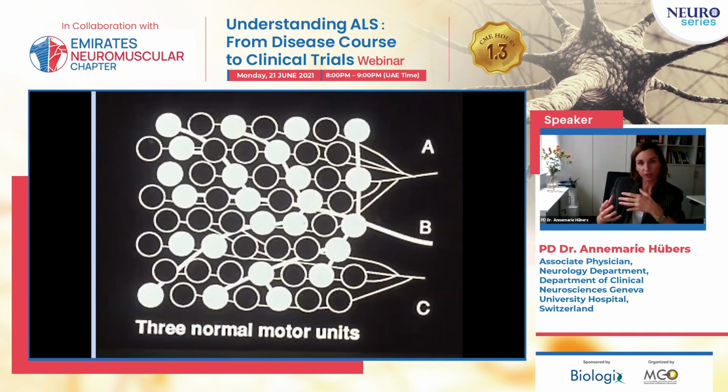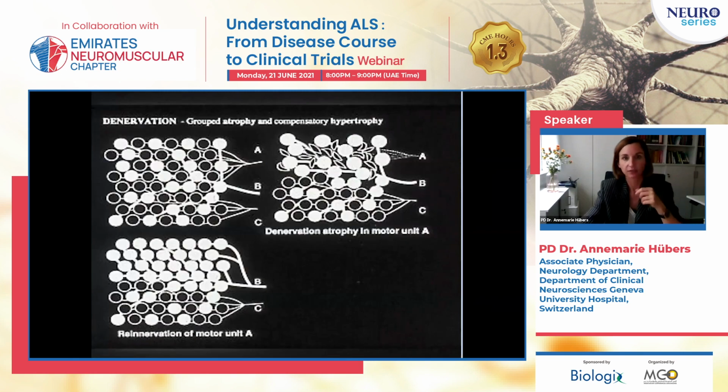On the muscular or pathological level, here you have a normal muscle with the motor units being innervated by 3 different axons of one nerve. And what happens if one axon degenerates?